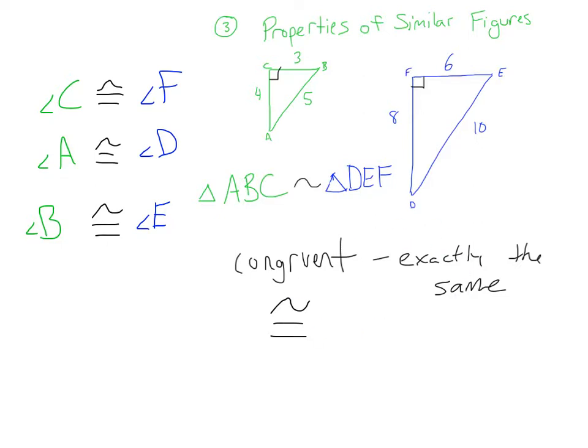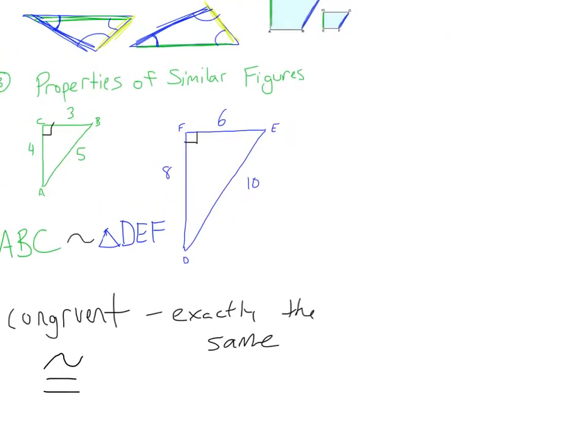Now there's some other really cool stuff about similar figures, and we're going to use these two again as our example. It has to do with the ratio of the lengths of corresponding sides. Okay, so I'm going to pick a side right here, AB.